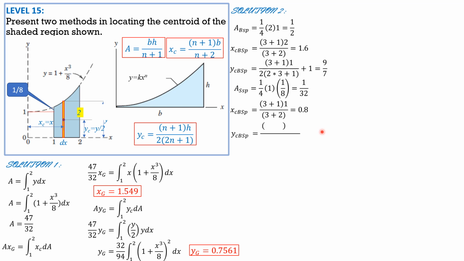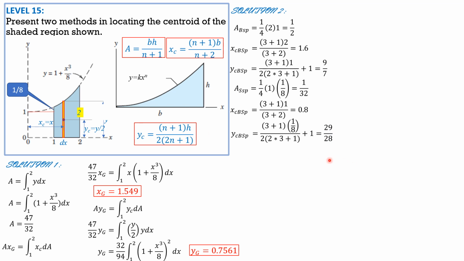Then its y sub c is 3 plus 1 times 1/8, because the height is 1/8 here, all over 2 times quantity 2 times third degree plus 1. Then another plus 1 because it is more than 1. 1 plus this formula here. So it is 29 over 28, so 1 plus 1 over 28.